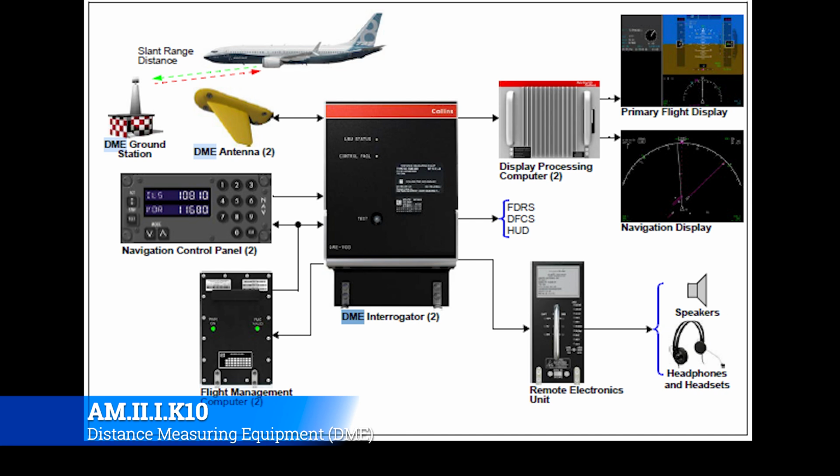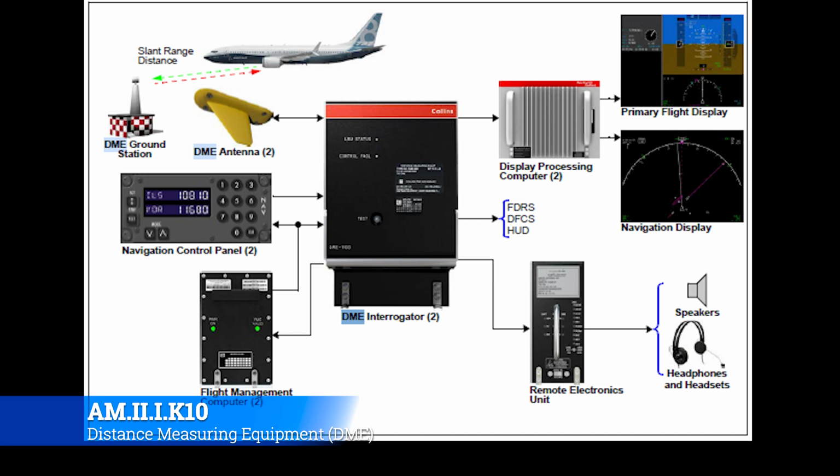The FMCs, or flight management computers, can also integrate with the navigation control panel and can be commanded by it. But really, there's going to be a conversation between the DME integrator and the FMC based on how far things are from point A to point B, because that in turn dictates how much gas can be calculated, like what speed, time to distance, all that good stuff.